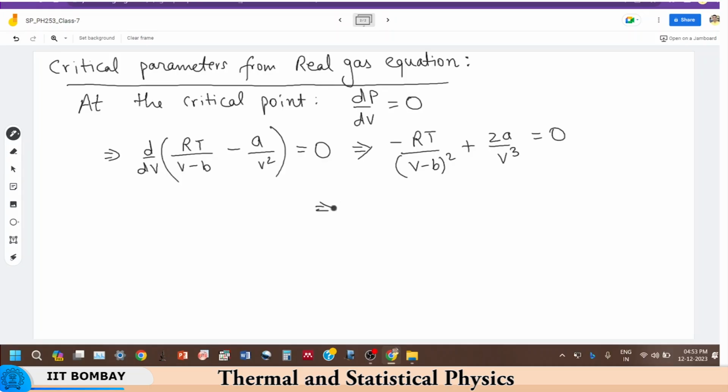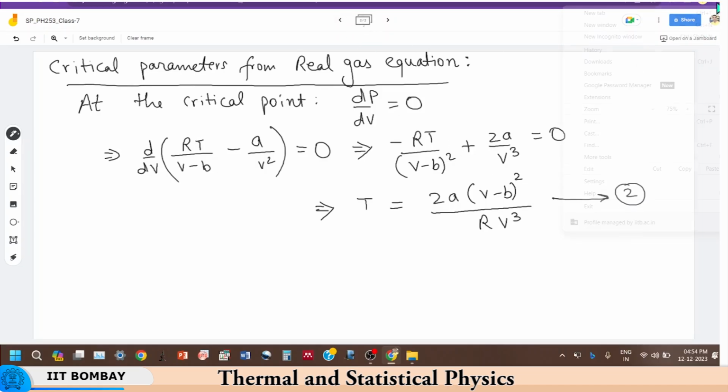And from here, if you do a little bit of reshuffling, we can see that the temperature becomes 2A times (V minus B) whole squared divided by RV cubed. All right. So let us call this equation 2.